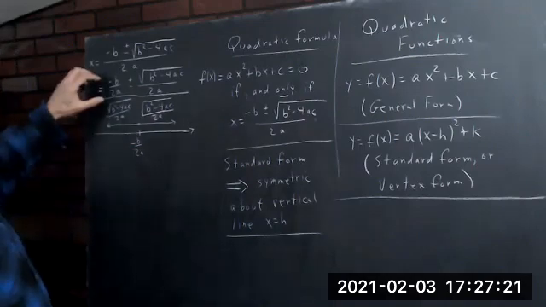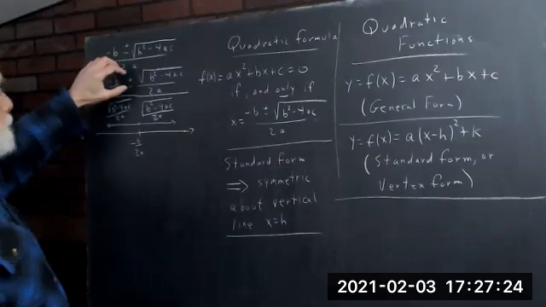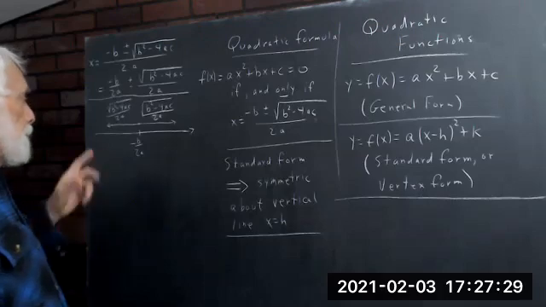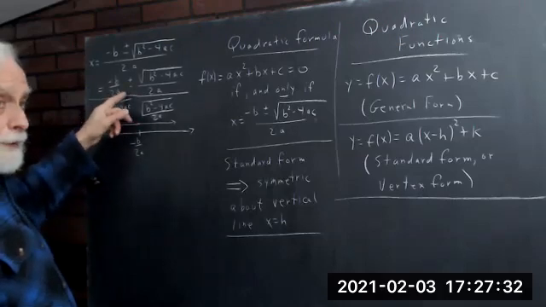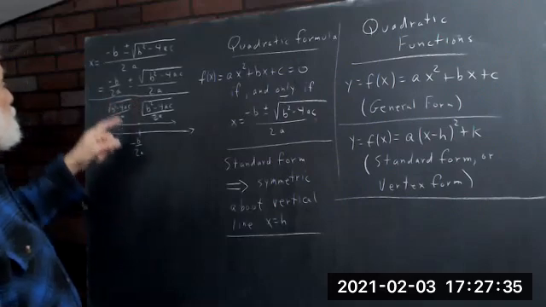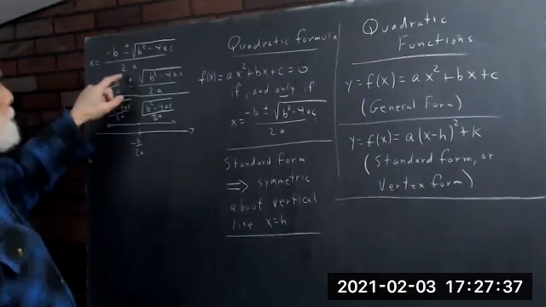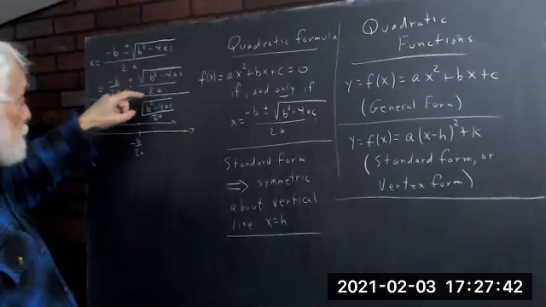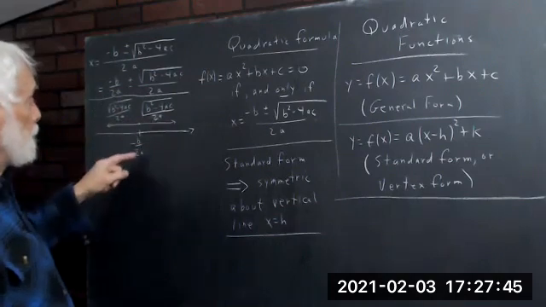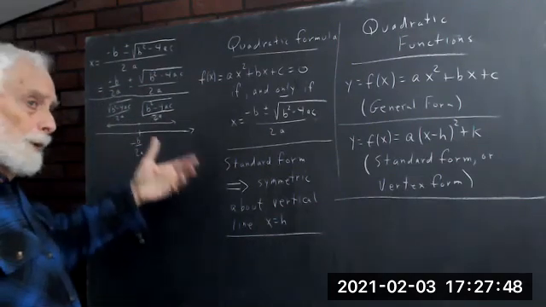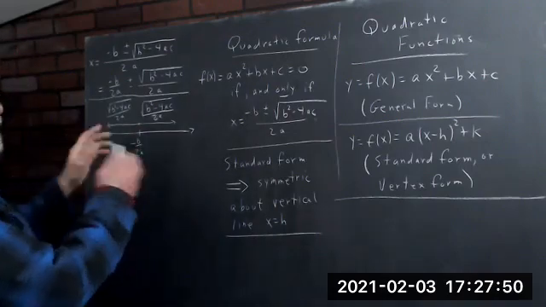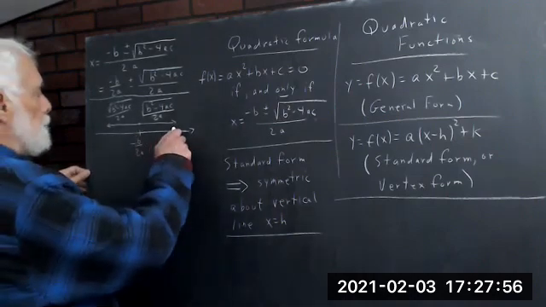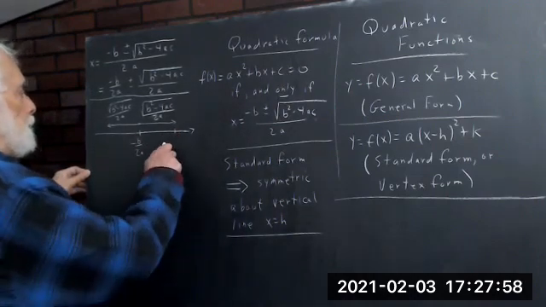Look at this expression: negative b over 2a plus or minus the square root over 2a. So where are these values of x? Well, negative b over 2a plus the square root of b squared minus 4ac divided by 2a is this far from negative b over 2a. I'm assuming that a is positive. If it's negative, then we just reverse these. So we go this far, and here's a value.